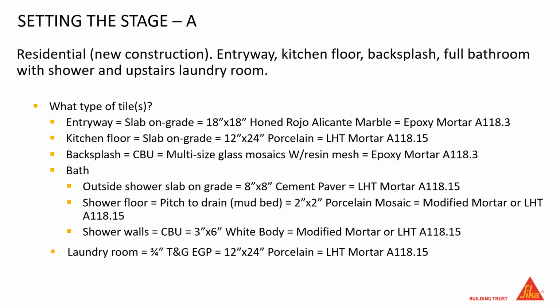So an LHT mortar typically has a longer adjustability time, meaning when I set it in place, I can come back and adjust it if I need to, especially for some of the handmade tiles that may not be perfect caliber products. Laundry room, 3/4 inch tongue and groove, exterior grade plywood, 12x24 porcelain. We're going to go ahead and go with that LHT mortar 118.15.